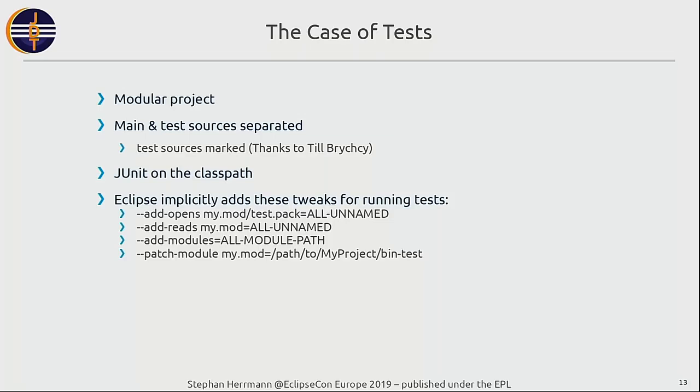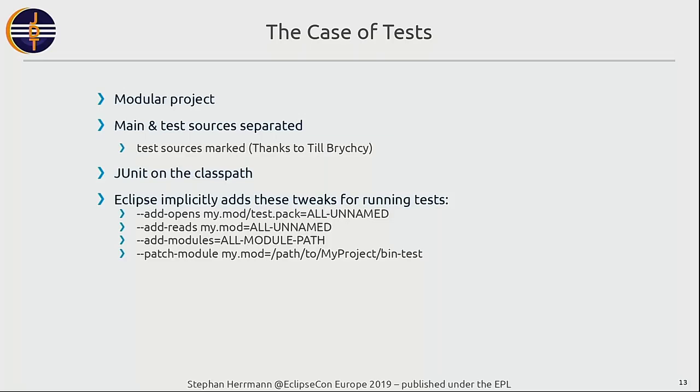Imagine you have JUnit on the class path, and what Till, in cooperation also with JDT debug, so through all the components of JDT, implemented is that if you run a single innocent JUnit test in this configuration, it will create this full set of tweak runtime options, command line options that you probably never want to see.